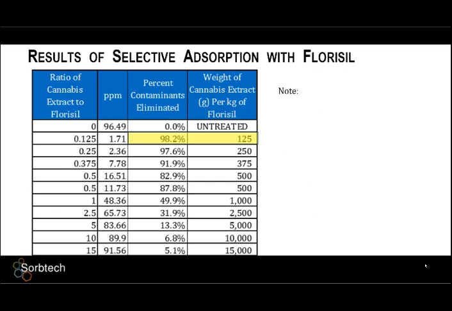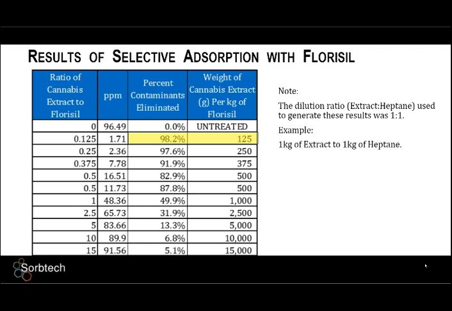Now, it's important to note for people who might want to duplicate this work that the dilution ratio, how much extract per amount of heptane we used, was 1 to 1. For example, we use a kilogram of extract to a kilogram of heptane. Now, that's about 1,200 milliliters of the heptane, in fact.